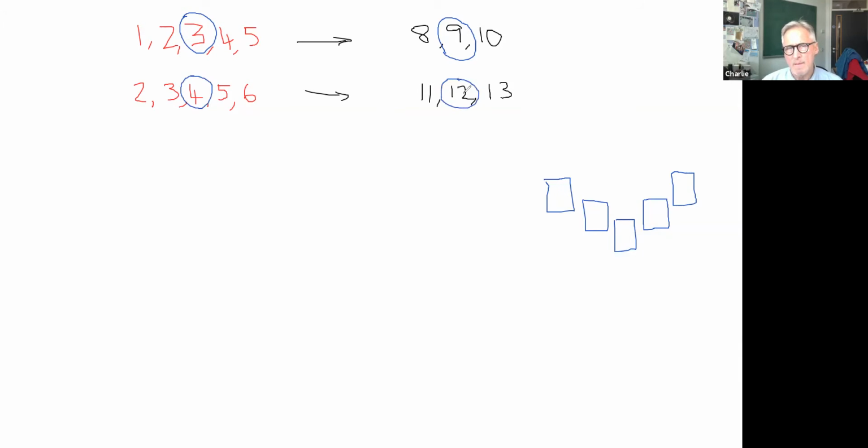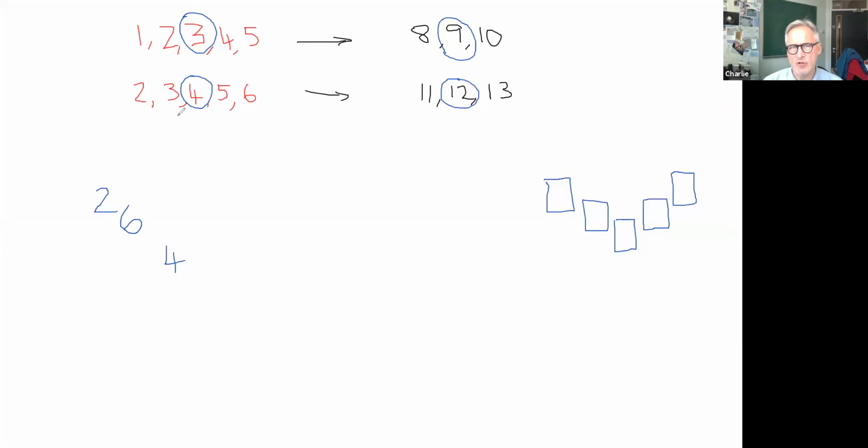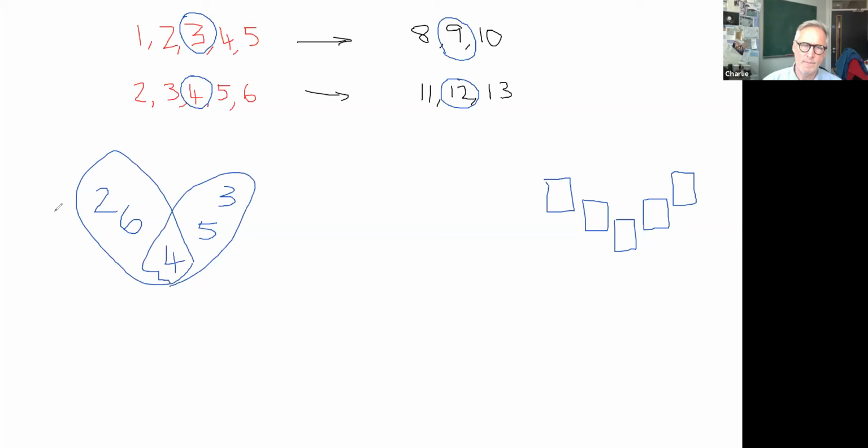So it looks like if I put this middle number at the bottom, and then I share the biggest and the smallest number together on one side, and the two numbers that are closest to the center, then I get a magic V of 12.